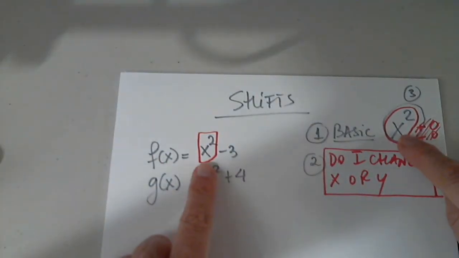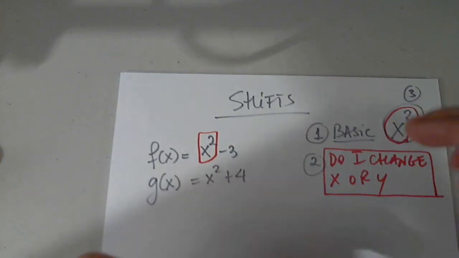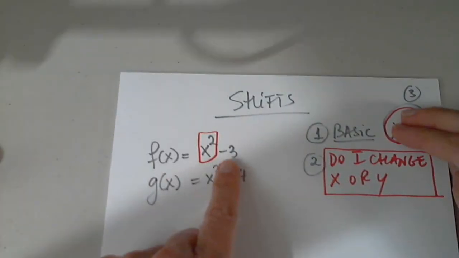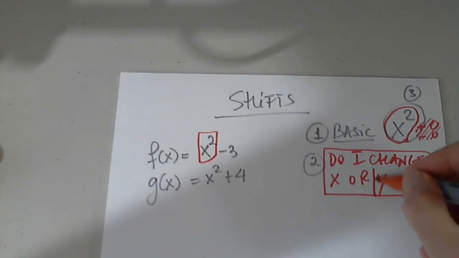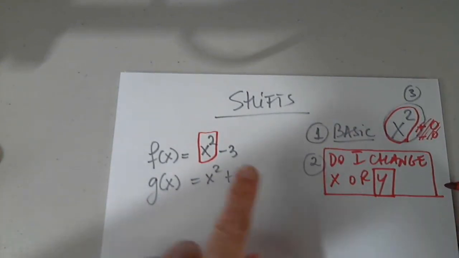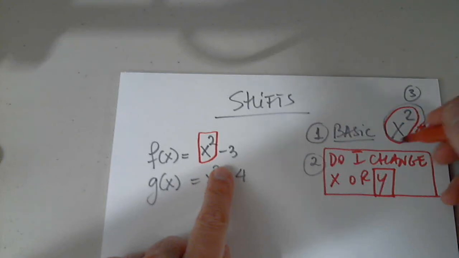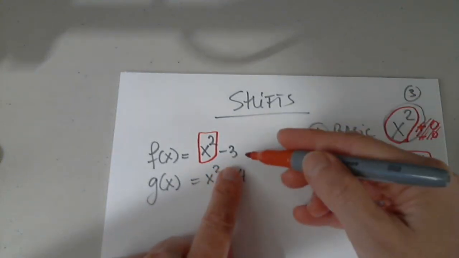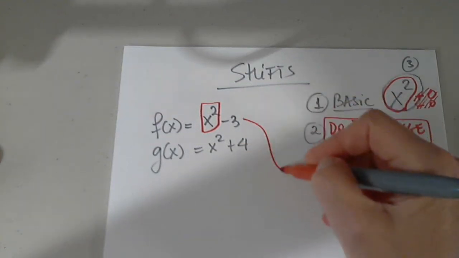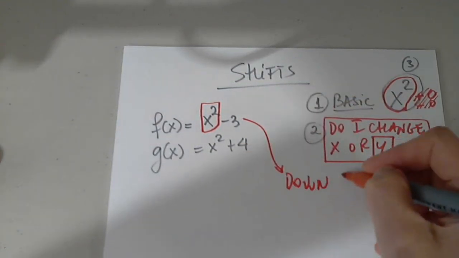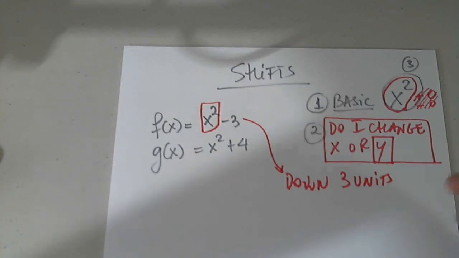Since x was not changed, just the final answer was changed by adding this negative 3, this particular one is a transformation on y. And obviously, if from all heights, all x squared, I subtract 3, the graph shifts down 3. So this is down 3 units.